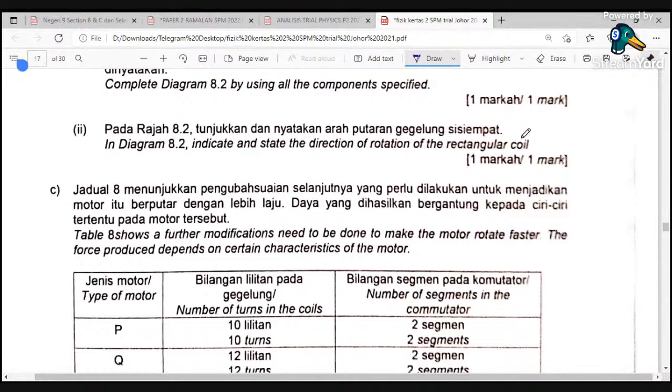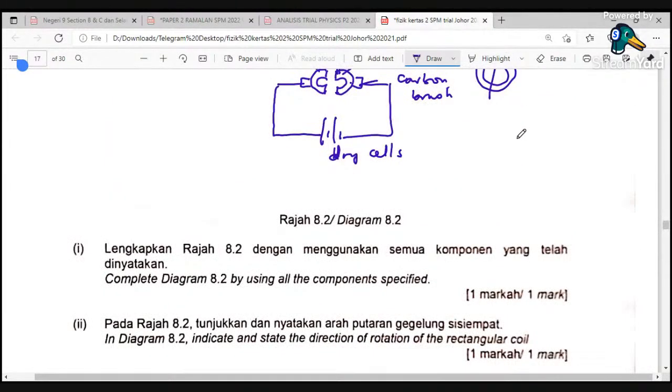Indicate and state the direction of rotation of the rectangular coil. What do we use? Fleming's left hand rule, because this is a motor.